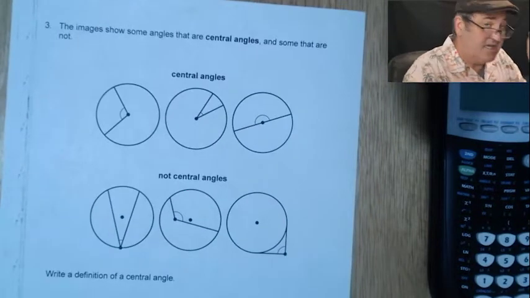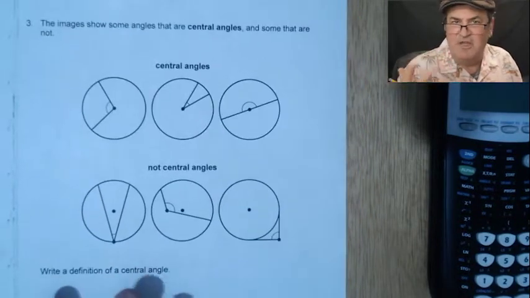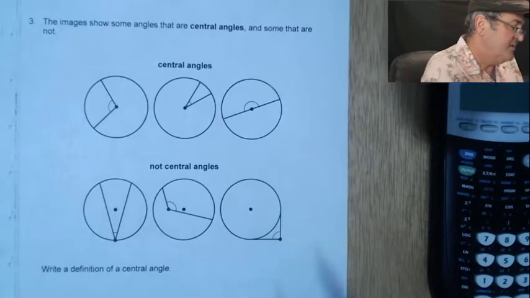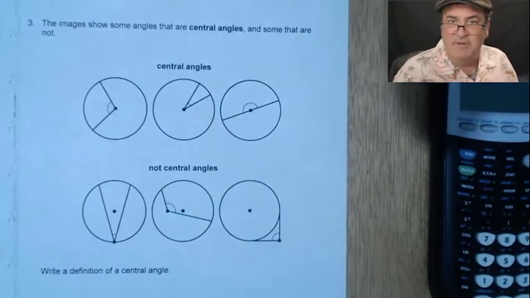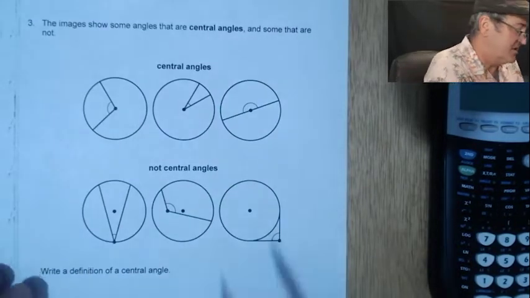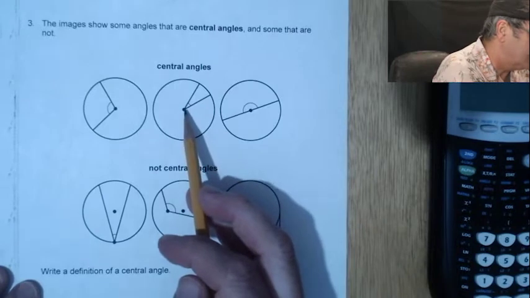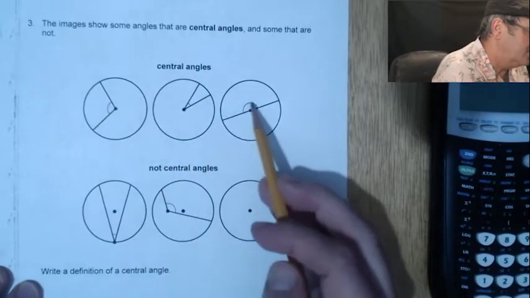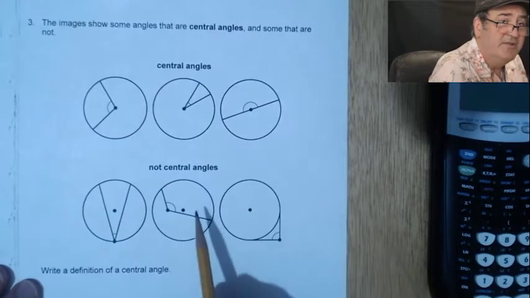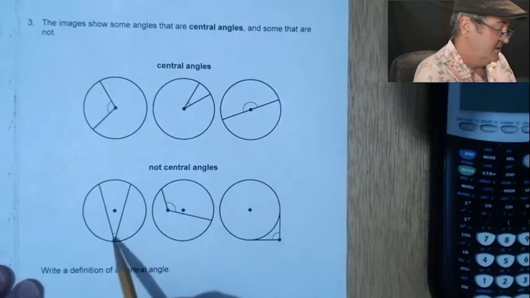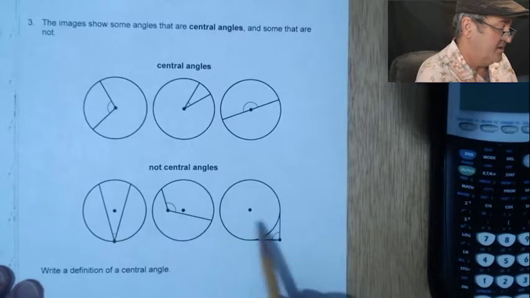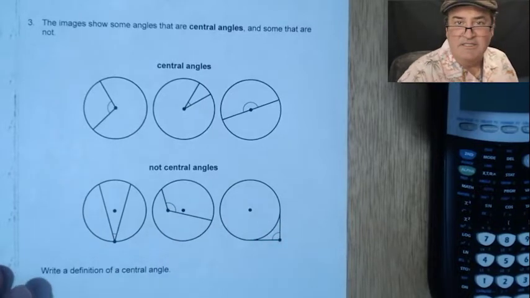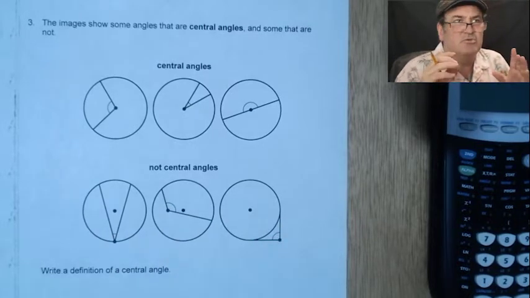All right, central angles. So we've got a lot of vocabulary we're doing here. Central angles. We know what an angle is, but for a circle, we have something called central angles. And central angles work like this. Central angle, and these angles are marked right there. That's the central angle. These are not central angles. See, there's the angle marked down there. Here's one over here. Central angles, center.